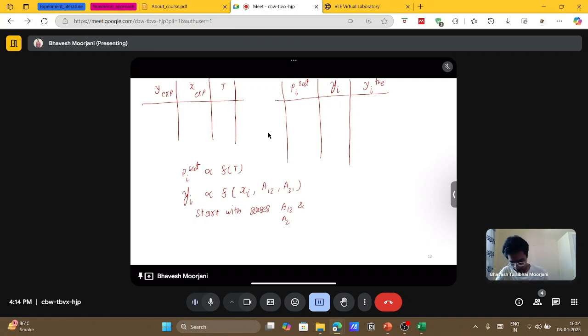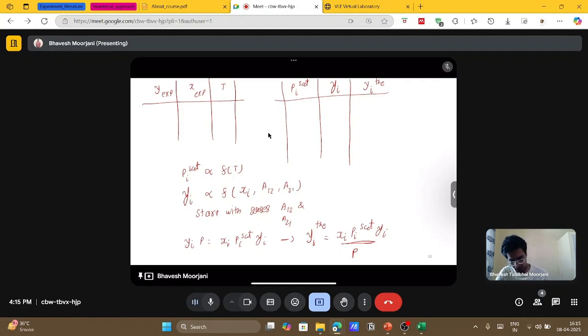Now our modified Raoult's law says that yi P is equal to xi Pi sat times gamma i. Therefore yi theoretical is equal to xi Pi sat gamma i divided by total pressure.